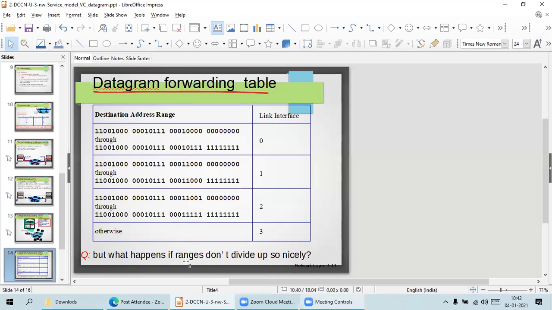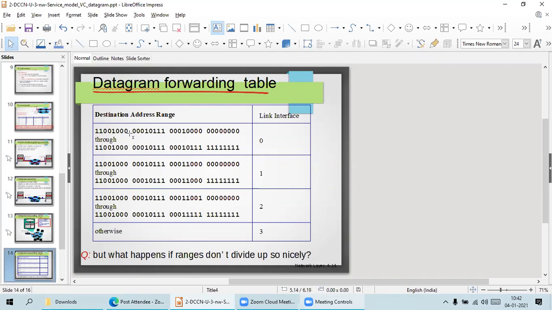But what happens if the ranges do not divide up so nicely? Here, for example, addresses like 10.11.36.19 or 35, or 192.168.1.2. Each is nothing but a single number, like 11000100.